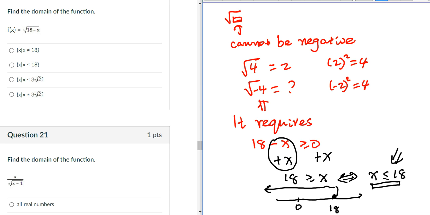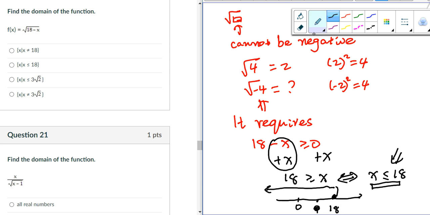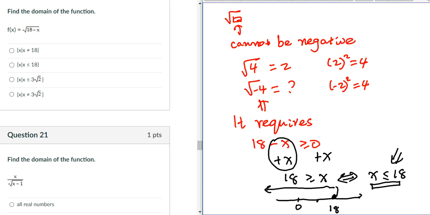So for example, here in the middle might be 9. Let me erase that and write the number 9 here. So this is the graph representation. This is the algebraic representation.